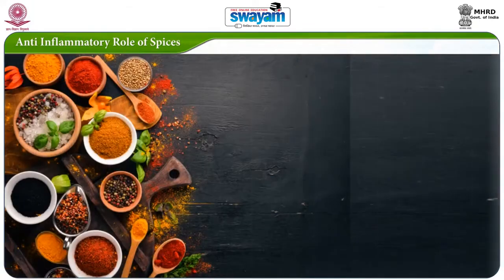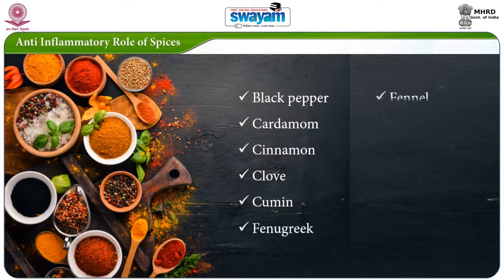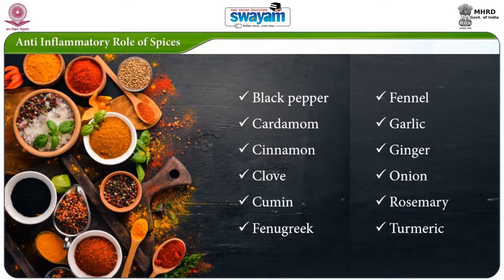The most commonly used spices for culinary purposes that show biological activities are black pepper, cardamom, cinnamon, clove, cumin, fenugreek, fennel, garlic, ginger, onion, rosemary, turmeric, etc.